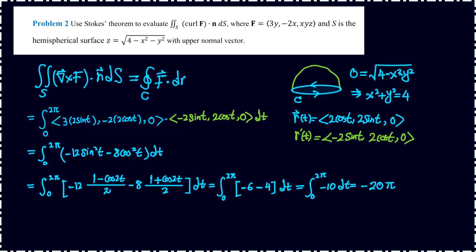And then imagine you have to find the curl of the vector field and dot it with the part of the normal vector having to do with the surface. Do it directly and see what happens. I'm sure you're not going to have a good time. It's not going to be as easy.